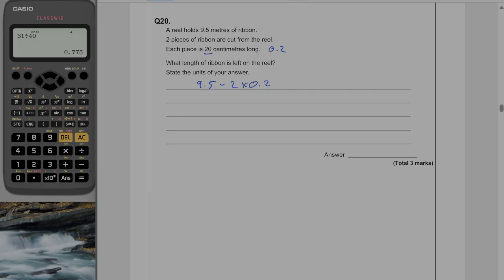So that's going to be 9.5 minus 0.4, which would be 9.1. 9.1, and then my unit there is meters. And of course, 910 centimeters would be absolutely fine as well.